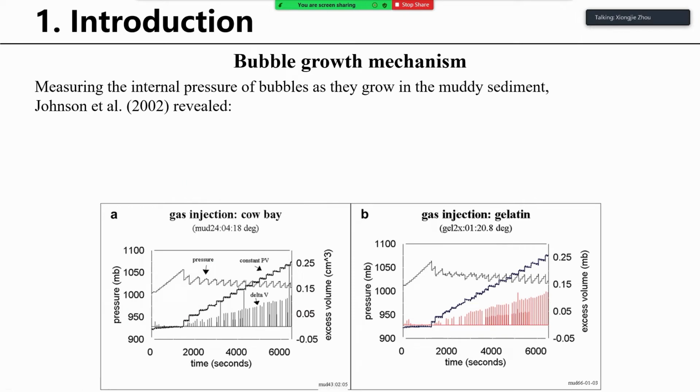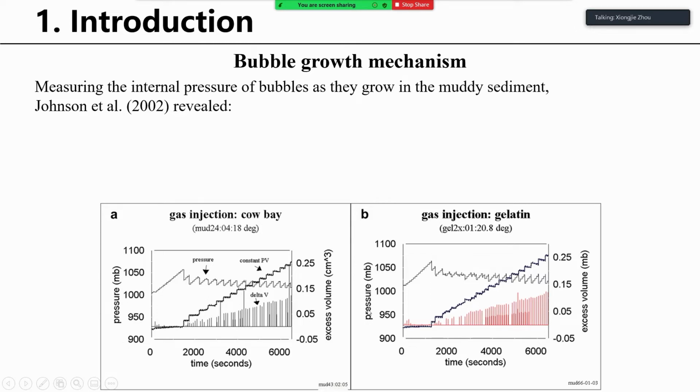With respect to the bubble growth mechanism, some groups like Johnson from 2002, in a simulated experiment, try to track bubble evolution within the bulb. Here is the pressure.